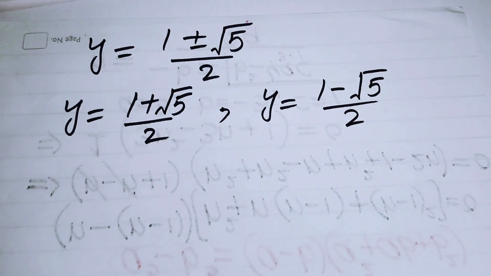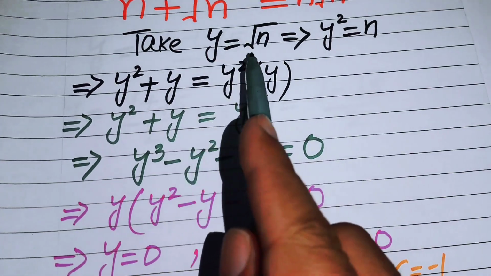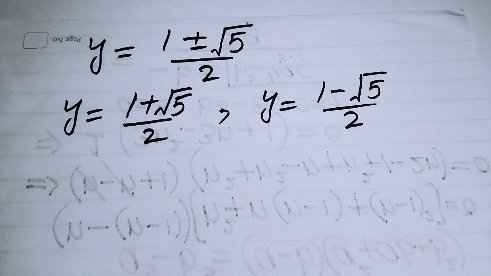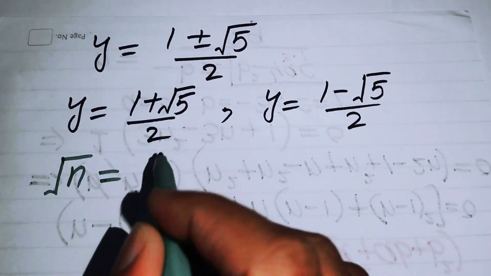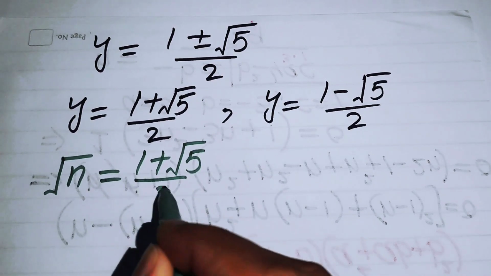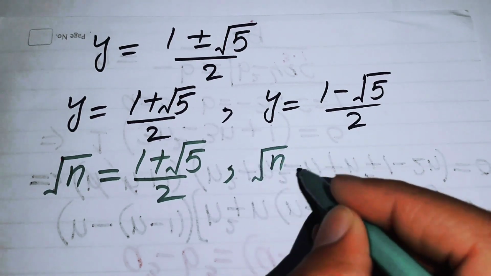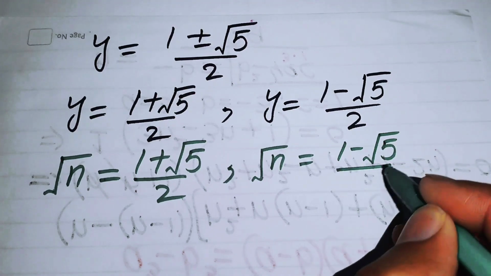So these are the two cases, and now we back substitute the values of y. We took y equals square root of n, so we get square root of n equals 1 plus square root of 5 over 2, and similarly square root of n equals 1 minus square root of 5 over 2.